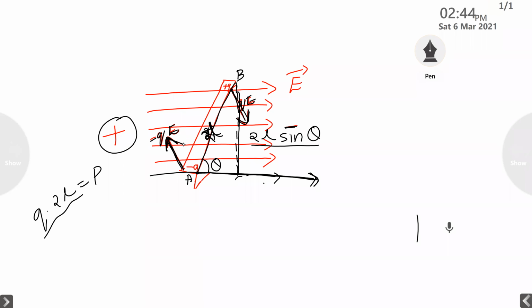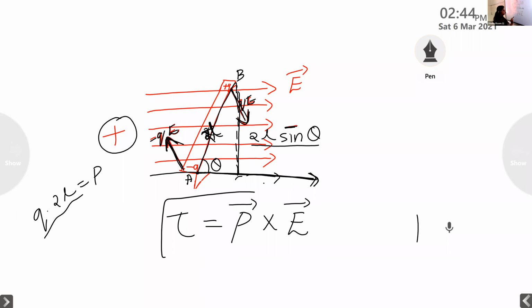So what is the final expression for tau? Tau is equal to vector P cross vector E. Both of them are vector quantities, the dipole moment and the electric field. Clear? This is the electric dipole in a uniform electric field.